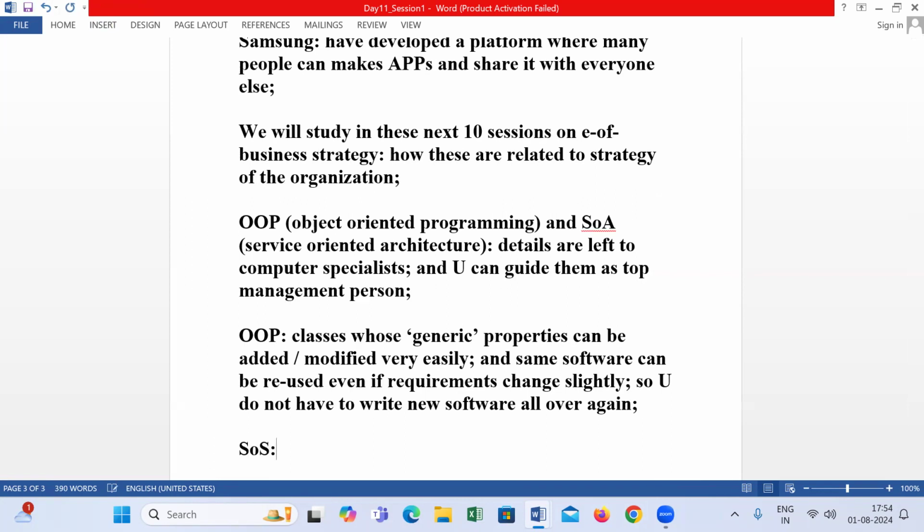And then we have service-oriented architecture. Here, one can use optimization software from someone else's computer and get the results.